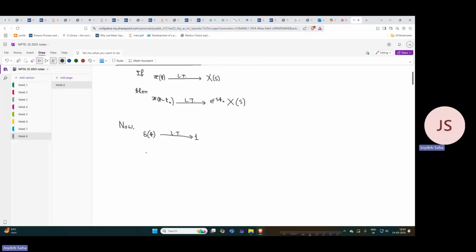So if we shift the time, delta t minus 1, its Laplace transform will be e to the power minus s into 1, so e to the power minus s. Okay, so this is our answer.